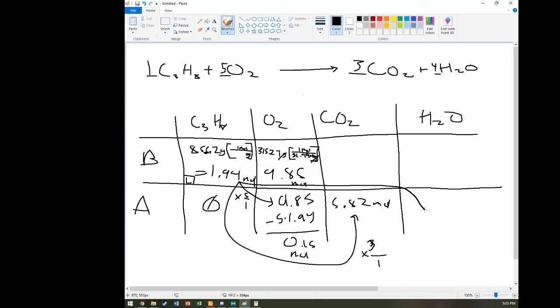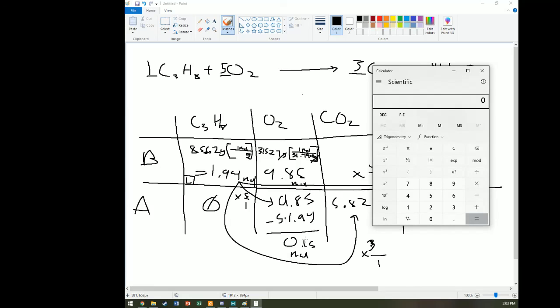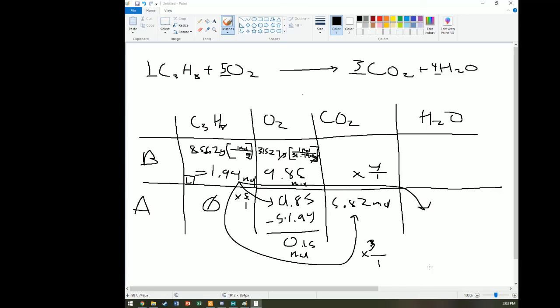So times 4 over 1, which yields us 7.76 moles. And that's more or less the idea.